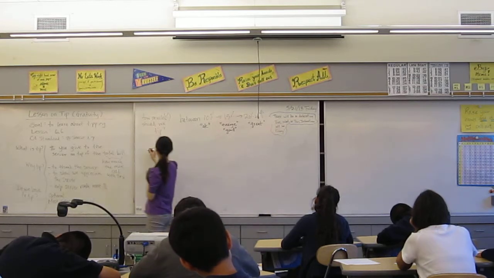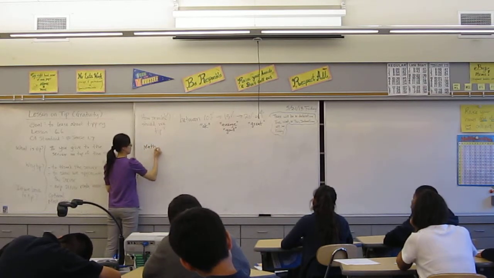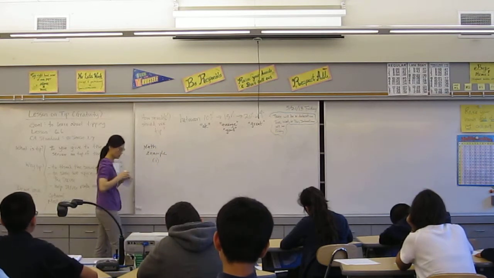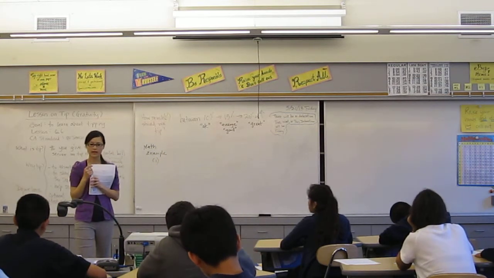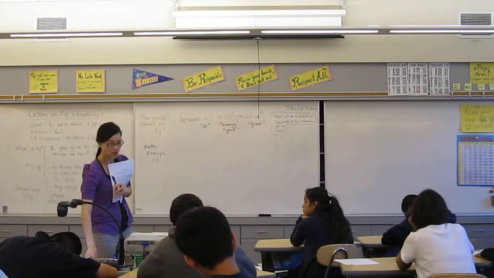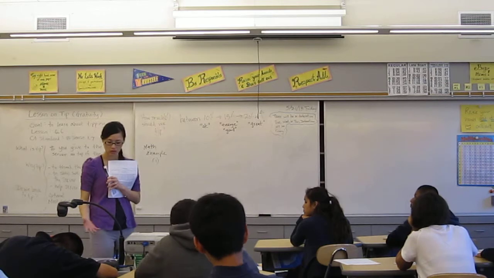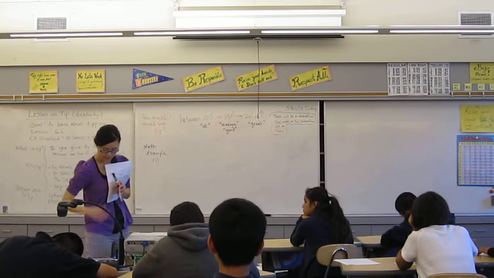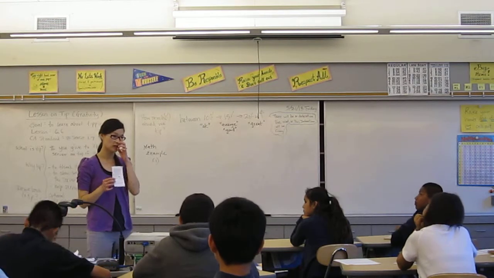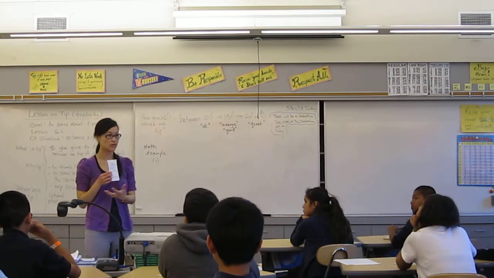I'm going to give you a math example. A while back, I asked you guys to bring in customer copy receipts of dine-in restaurants that your family or anybody you know attended. So I would like you to remember how I told you to bring in these customer copy restaurant receipts.